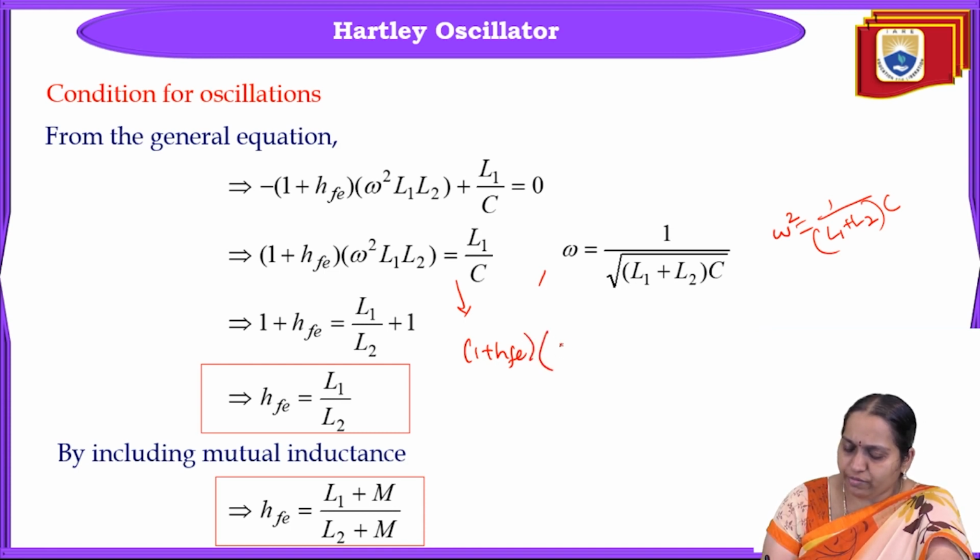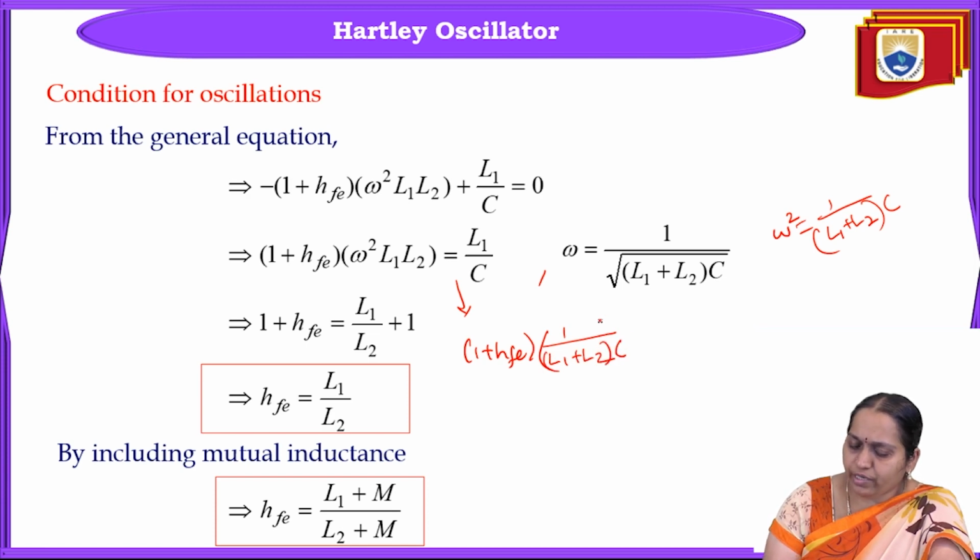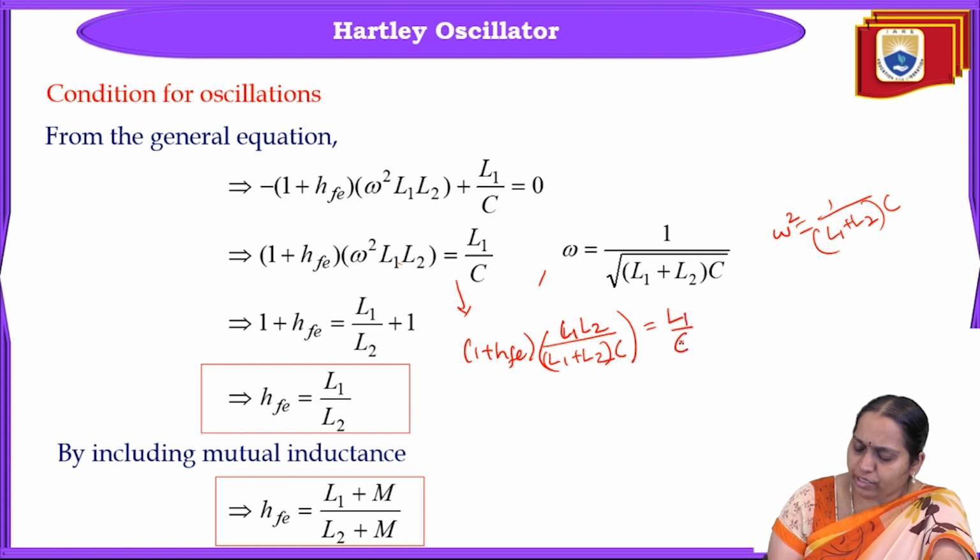What is omega square? 1 by L1 plus L2 into C. This is omega square, and on the numerator you have L1 L2, equal to L1 by C.